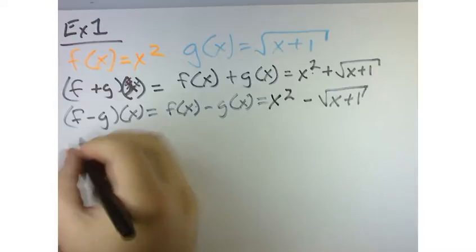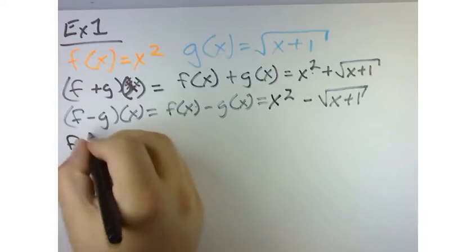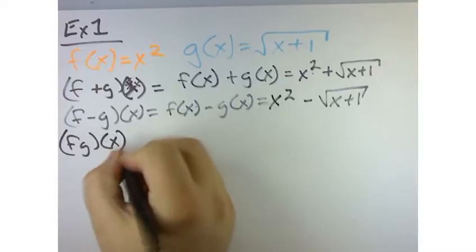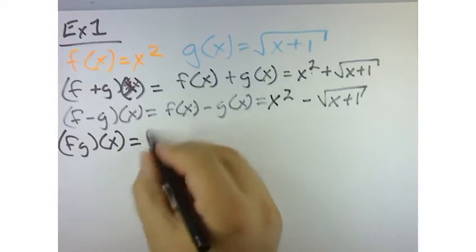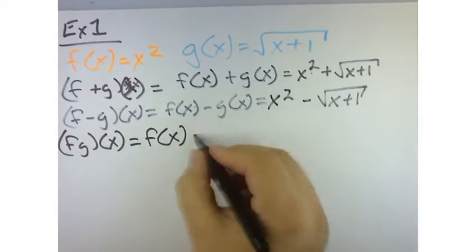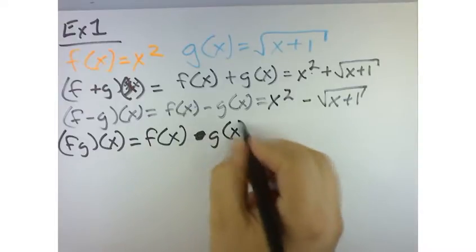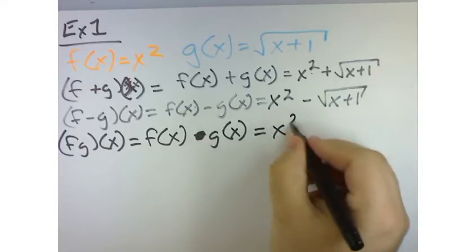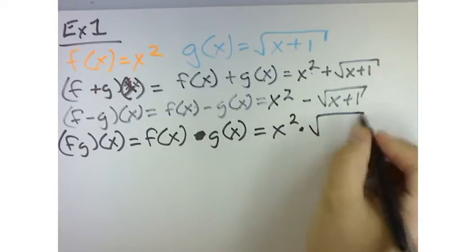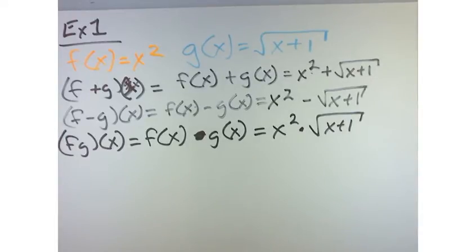Now for the next one, if I say fg of x, or f times g of x, that's the same as f of x times g of x, which would be x squared times the square root of x plus 1.